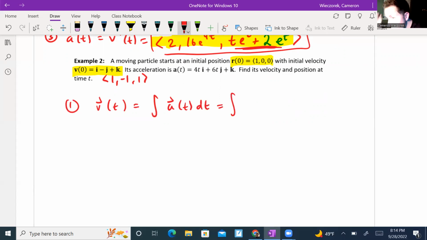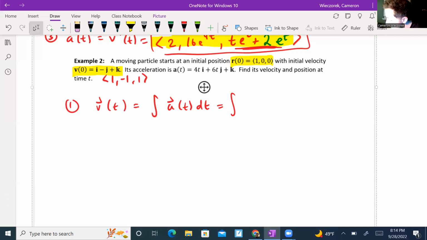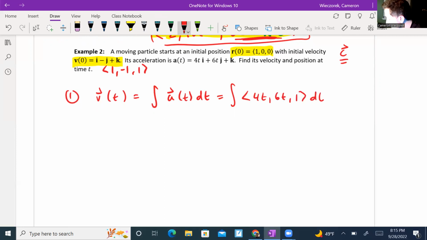And we've done this before outside the context of velocity, position, and acceleration. We did this with just general space curves back in the first couple sections of chapter 13. Now we're just giving it a more applied context. So this should look fairly familiar. Those constant vectors are going to come back into play, those ones that we called C1, C2, C3. So we're integrating 4t, 6t, 1 dt.